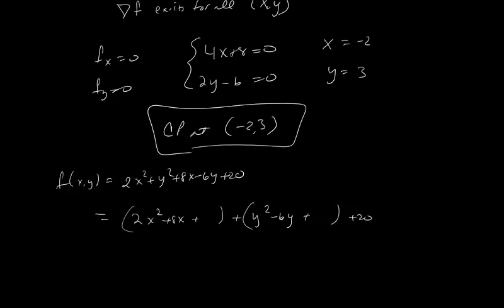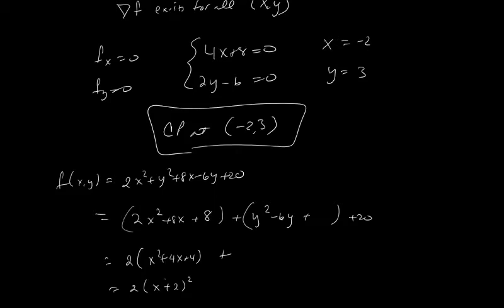Half of 8 is 4, divided by 2 is 2, squared is 4, so what we are going to add here is 4 times 2, which is 8. That allows me to factor out the 2, leaving me x squared plus 4x plus 4, which is 2 times (x plus 2) squared. So there's that one.